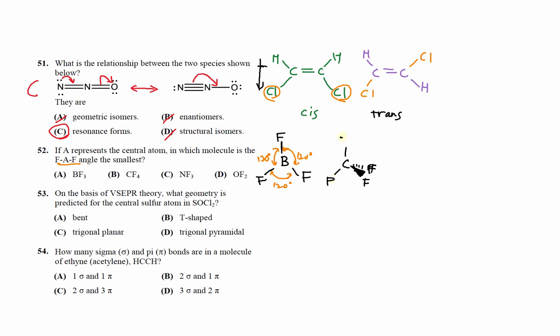So you can see that the bond angle between fluorine, carbon, fluorine will be 109.5 degrees. So far, B is better than A because we want to find the smallest bond angle. Now let's take a look at the NF3.